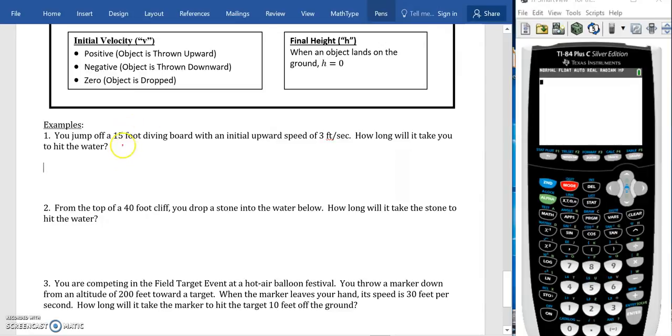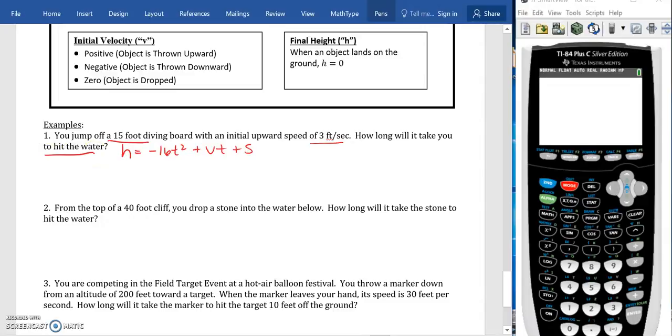So we want to use the model h equals negative 16t squared plus vt plus s. Things that we know: we jump off a 15-foot diving board with an initial upward velocity of 3 feet per second. How long will it take us to hit the water?